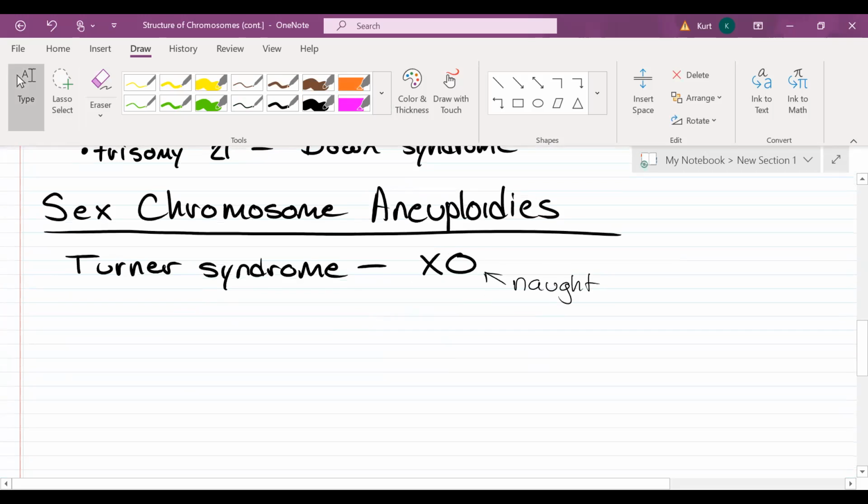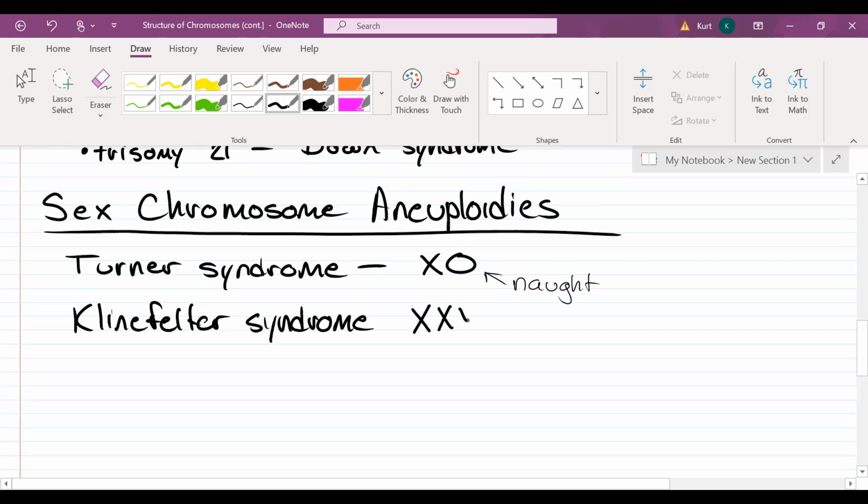Okay, next one. You have Klinefelter syndrome. This is XXY. This is where a person gets 3 sex chromosomes instead of 2. Now, because you see that Y chromosome, it's a male.